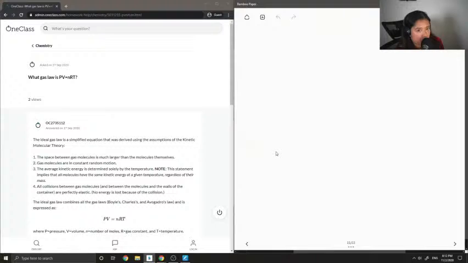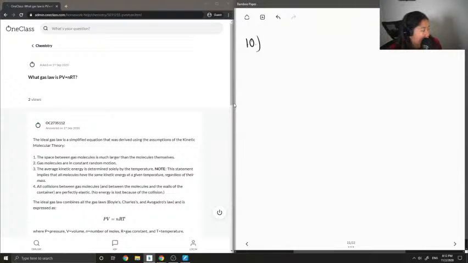Okay, so let's look at question number 10. This is similar to the other ideal gas law question I had, but this time they're just asking what gas law is PV equals nRT.